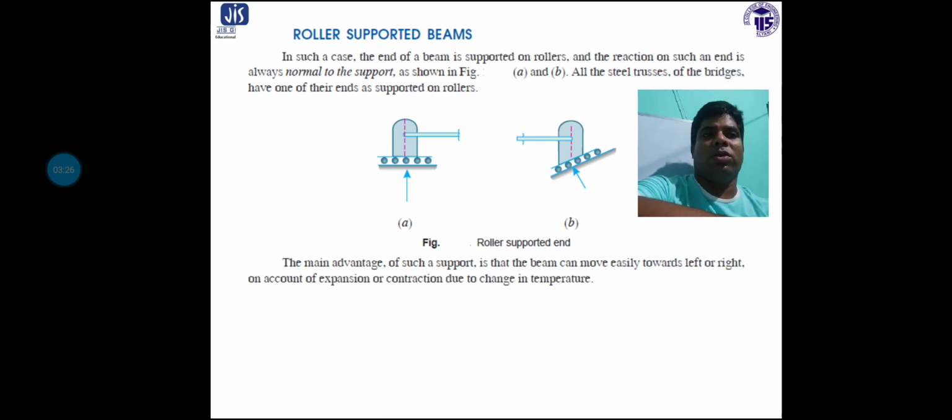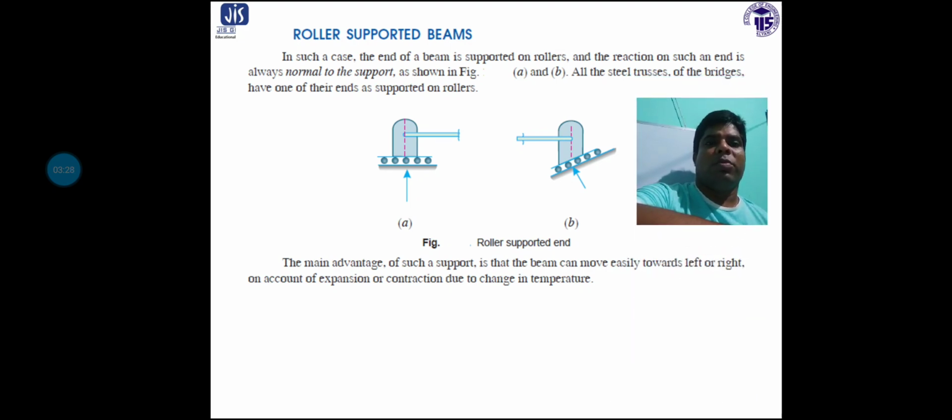Now the next point is the main advantage of such a support: the beam can move easily towards the left or right on account of expansion or contraction due to the change of its temperature.